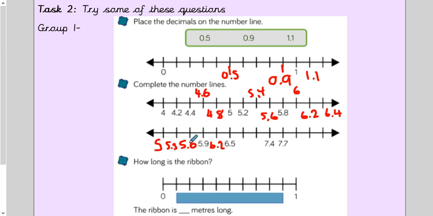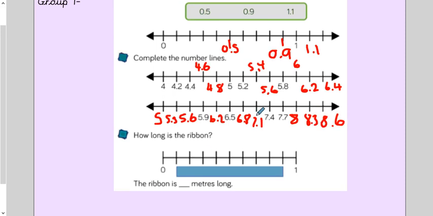So 5, 5.3, 5.6, 5.9, 6.2, 6.5, then 6.8, and then 7.1, 7.4, 7.7, and then it would be 8, 8.3, and 8.6. So they're quite tricky actually, so hopefully that was okay.